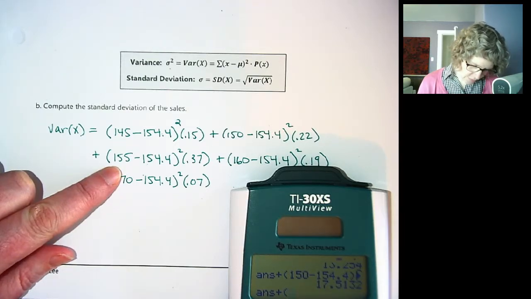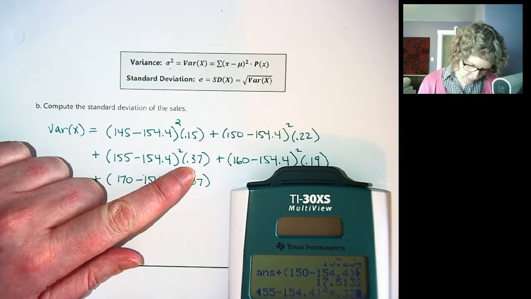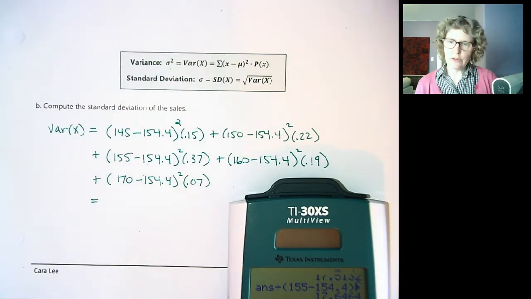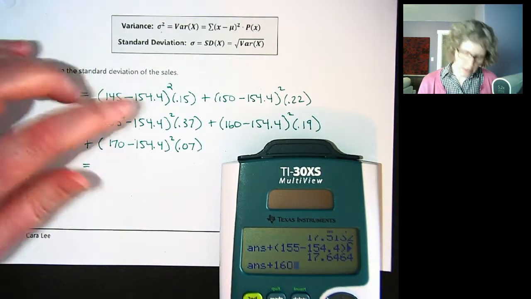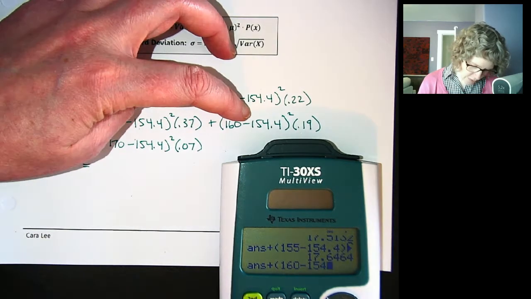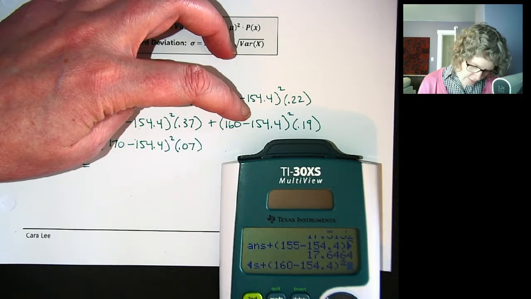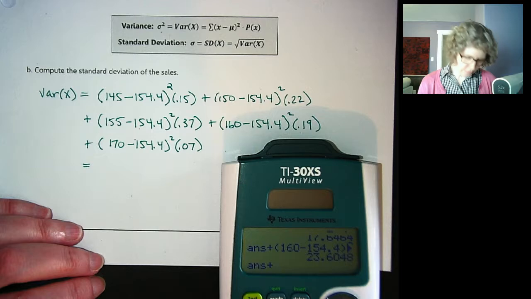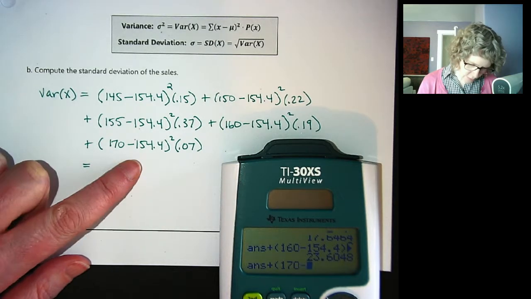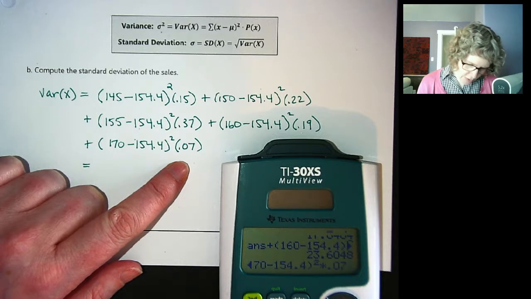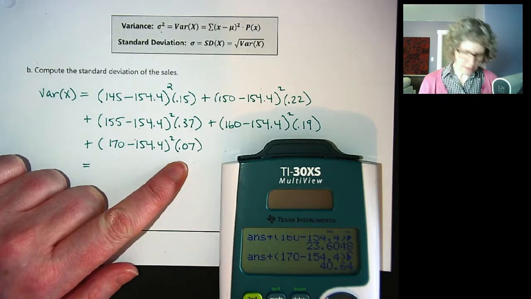Plus, I'm on the third one now, 155 minus 154.4 squared times 0.37, enter, plus 160 minus 154.4 squared times 0.19, with parentheses, plus the last one, parentheses, 170 minus 154.4 squared times its probability 0.07. Okay, so 40.64 is what I got.